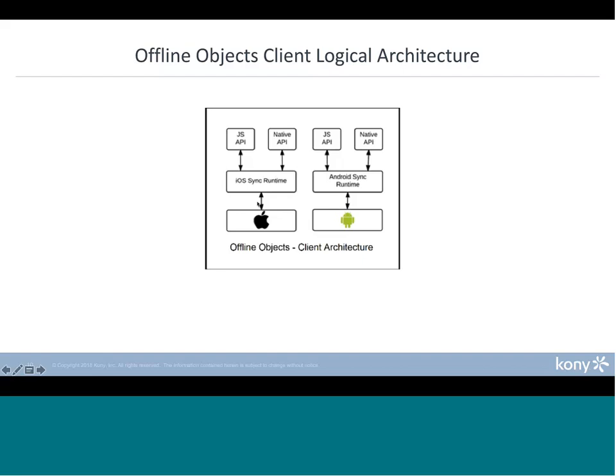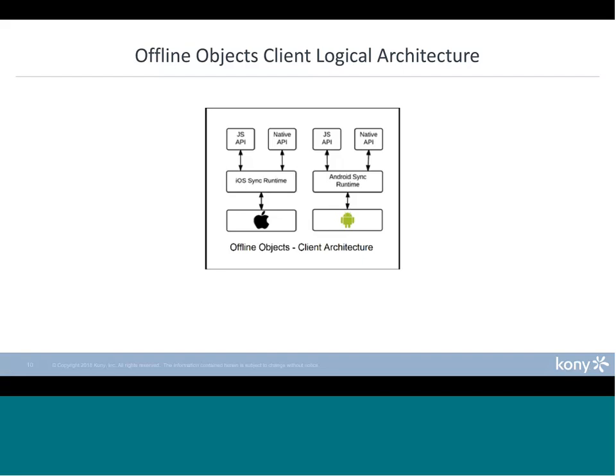The way we have done this for offline objects is that on the client app, we have written the entire synchronization logic in native code. So we have native APIs written for iOS and Android. We are working on Windows 10 and SPA.